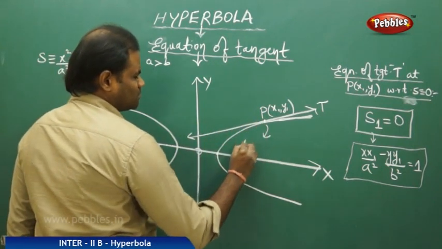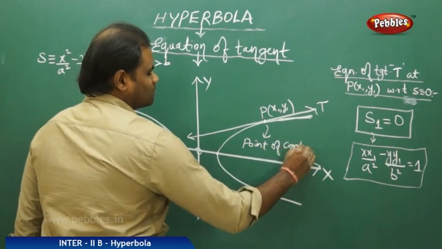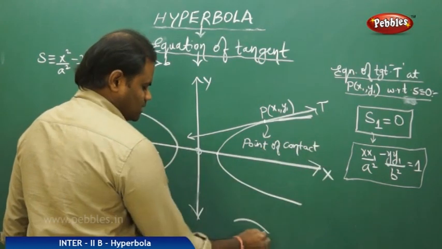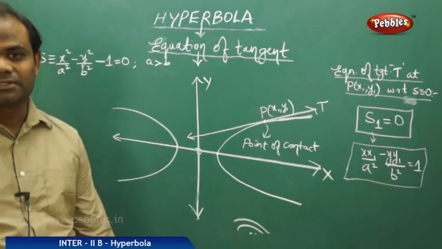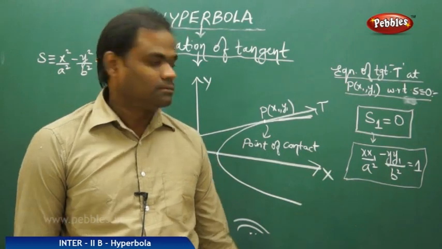This P is called the point of contact, is how we understand the tangent at the point of contact P(x1, y1).